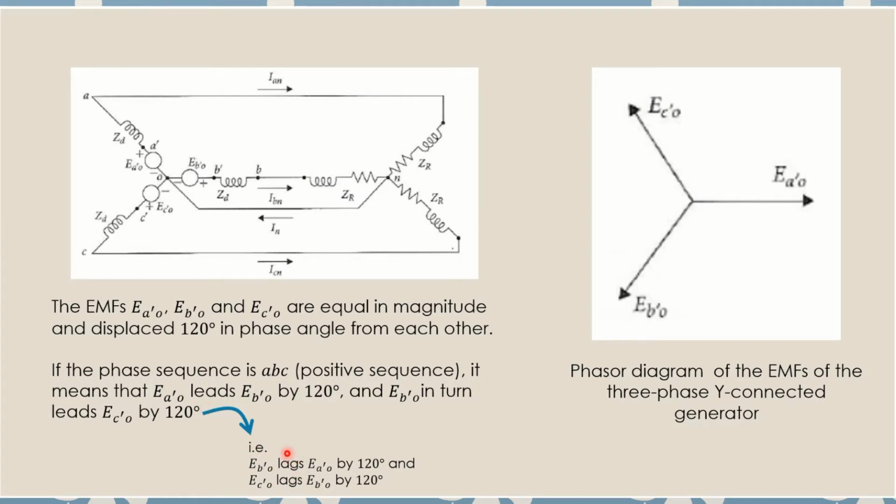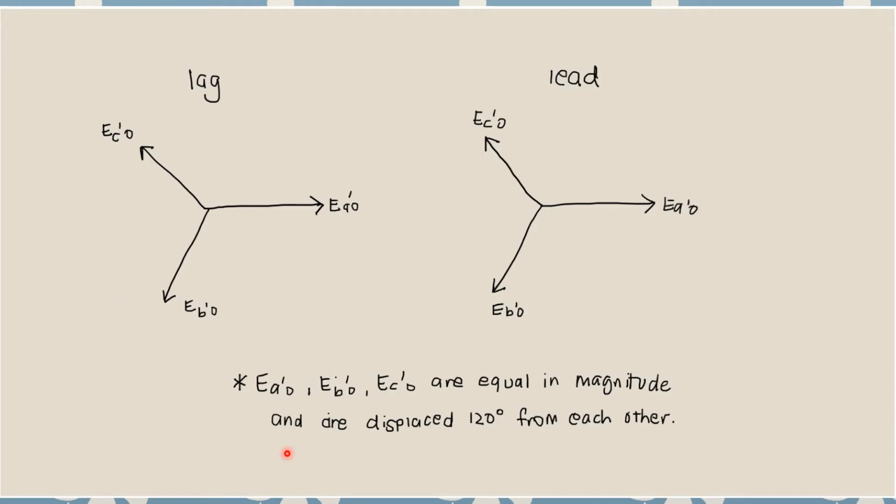That's what we're going to have a look at. And you're aware they are 120 degrees displaced from each other, because it's the balanced load. So let's take the example of lag first.